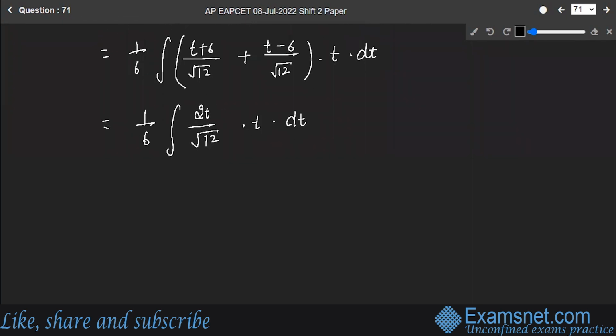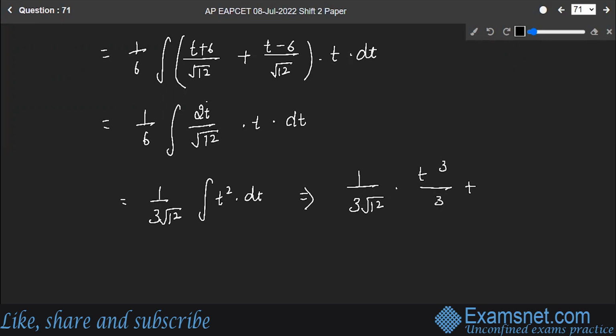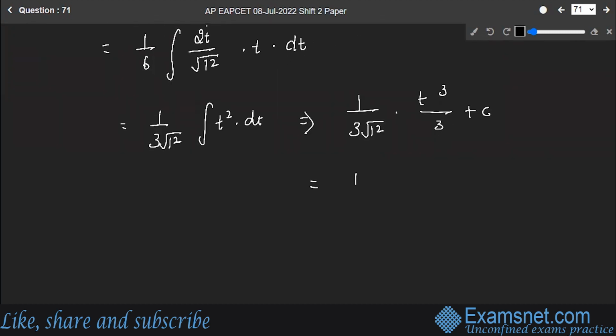So this will be 2 by 6, which will be 1 by 3. This whole on solving will give me 1 upon 3 root 12 integral of t square into dt. T square integral is given by t cube upon 3 plus the constant. So you will have 1 by 9 root 12 t raised to power 3 plus c.